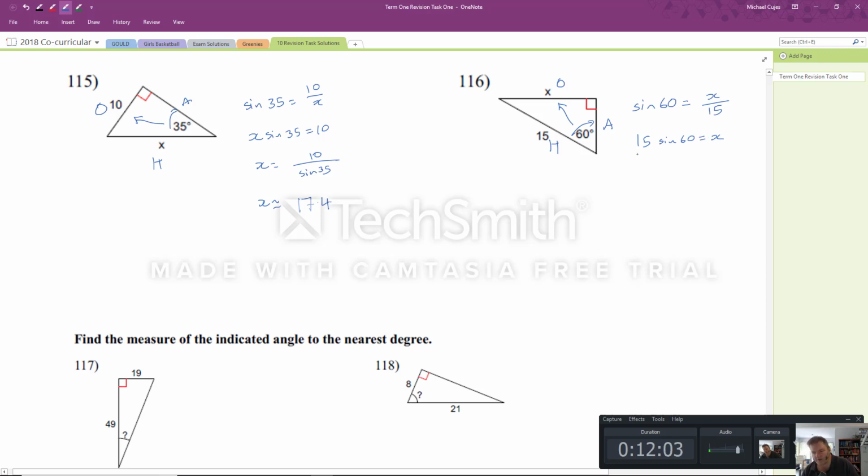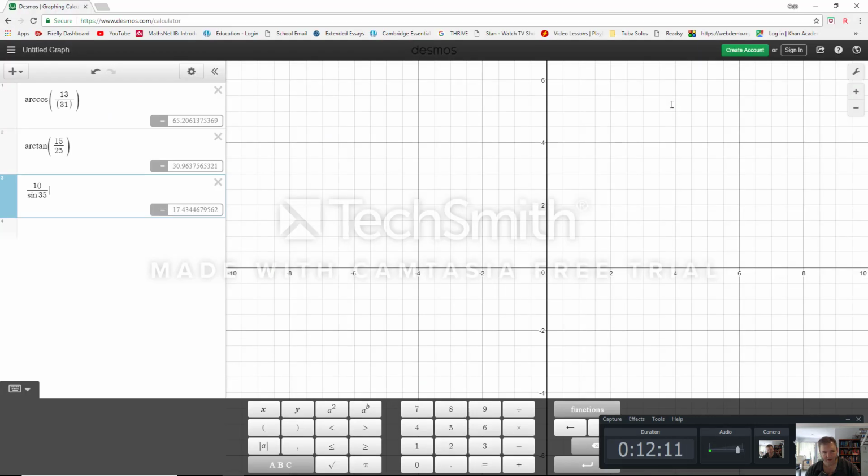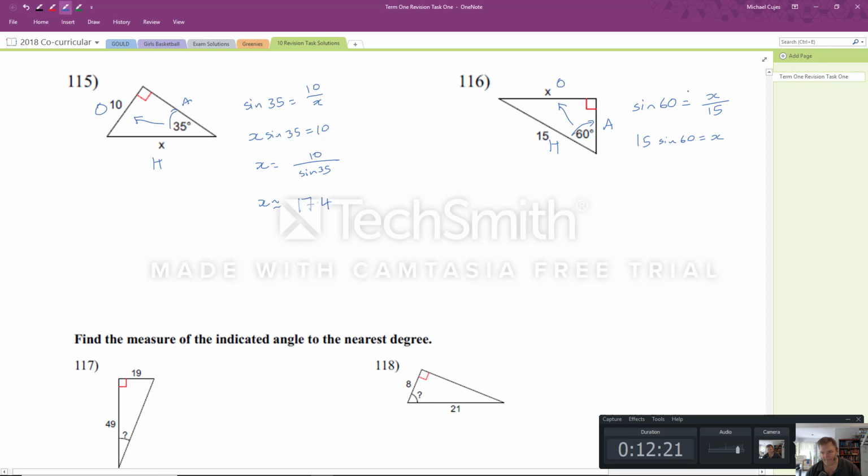Now, you possibly haven't done it in class yet, but we can find an exact value for sine 60. I won't worry about it for this time. I'll leave that excitement for your teachers to teach you. But let's go to the next one. 15 sine 60, 12.99. And again, we can just write units behind that if we want.